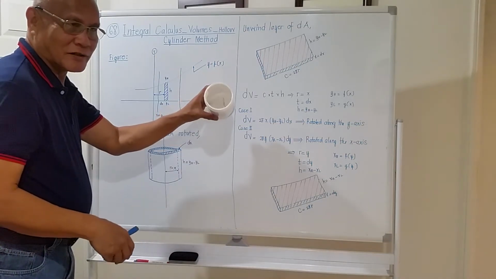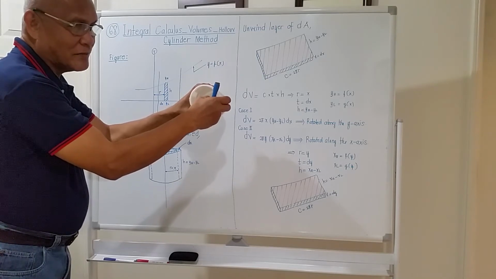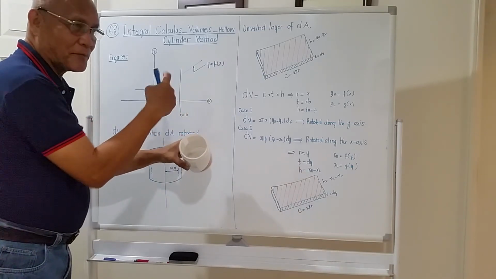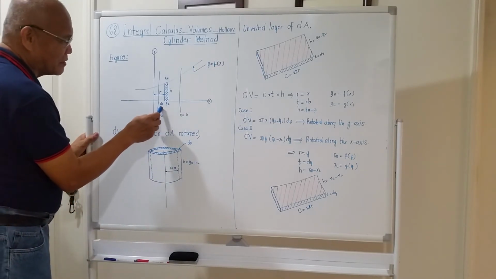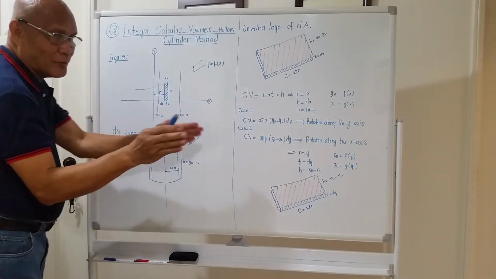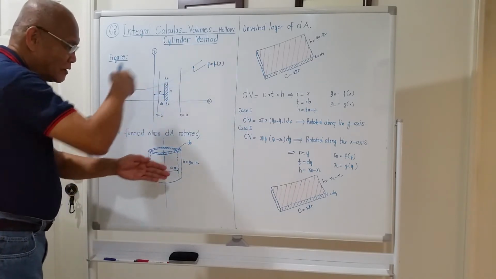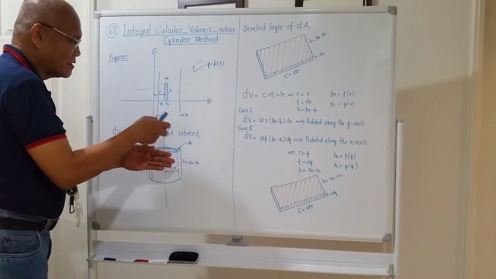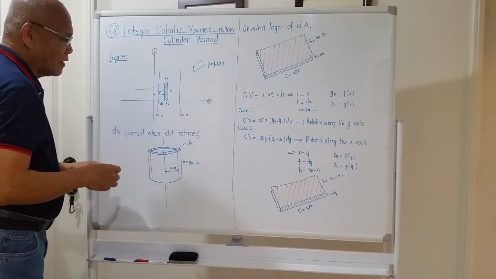It is something like this. The thickness, it got a certain thickness, and for this representation here, the thickness is actually dx. For the meantime, we are discussing case 1. If the hollow cylinder is to be rotated with respect to the y-axis, okay, with respect to the vertical line.